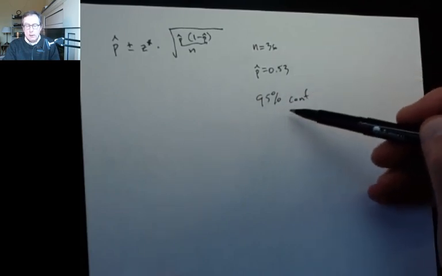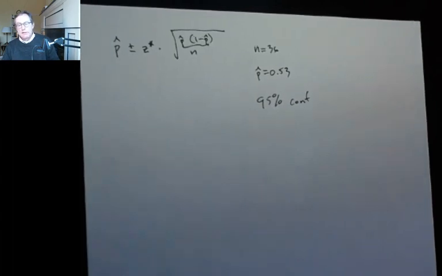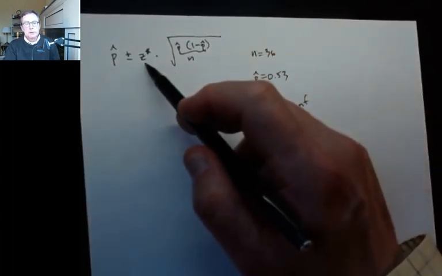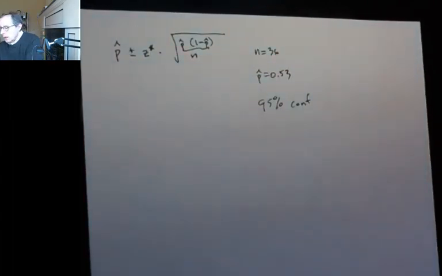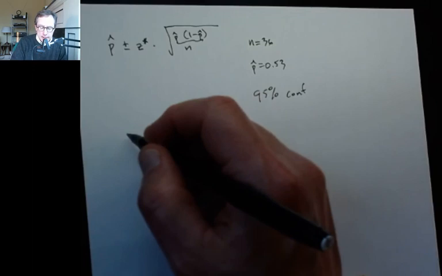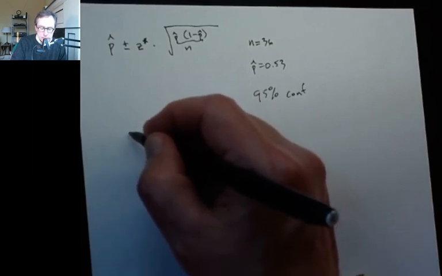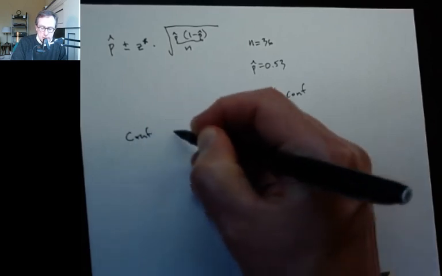The only thing that I want to remind a person about is the 95% confidence interval. So the 95% confidence interval determines what number you write in for Z star. So I'll remind a person that we had some numbers, and the numbers go like this: confidence and Z star.